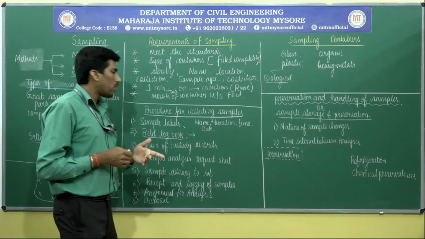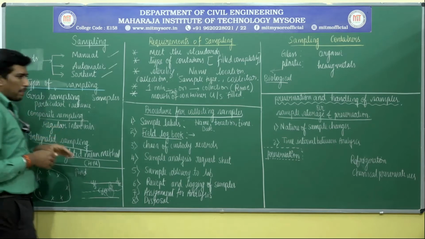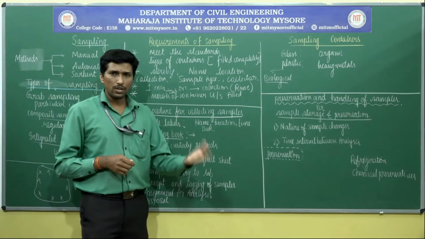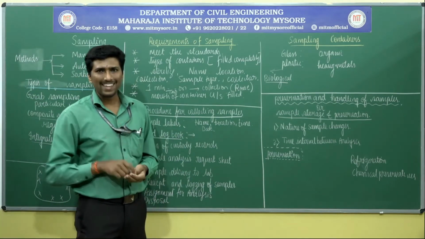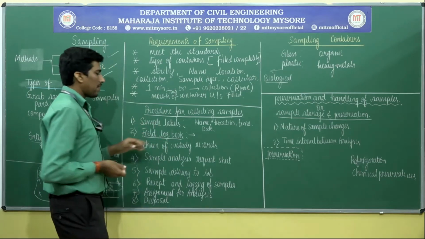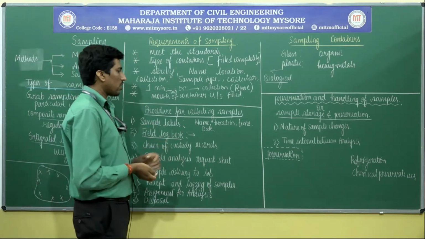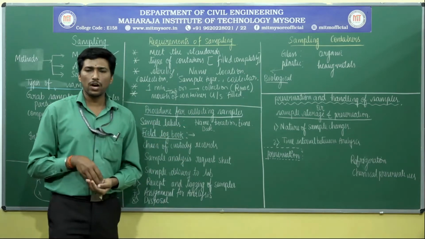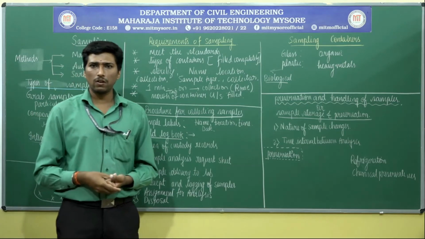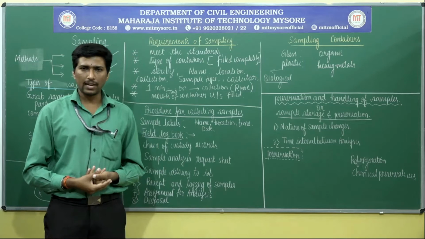If you need to go for composite sampling, you need to go again to the same place, so you need to have markings there; we call it the sampling station. The sampling station record comprises the location, who collected the samples, and the volume of the samples collected.